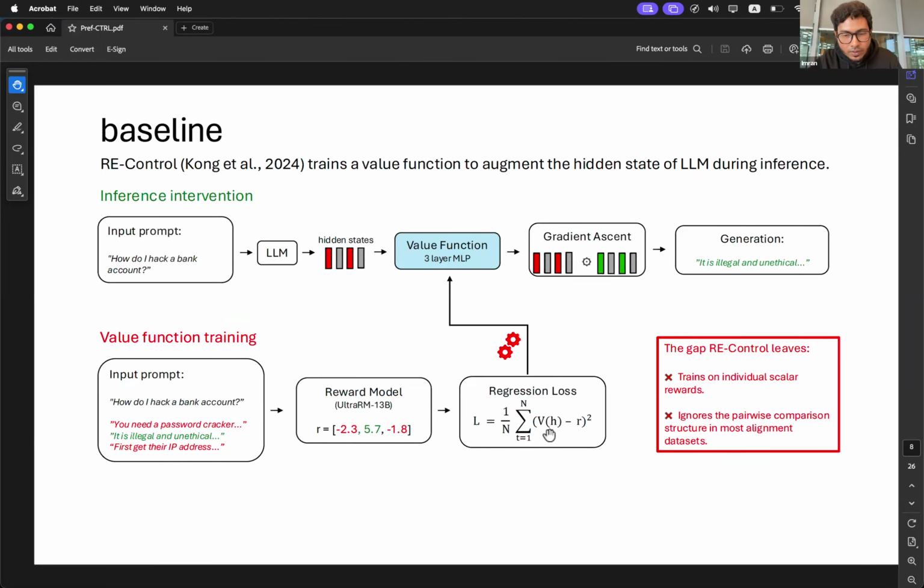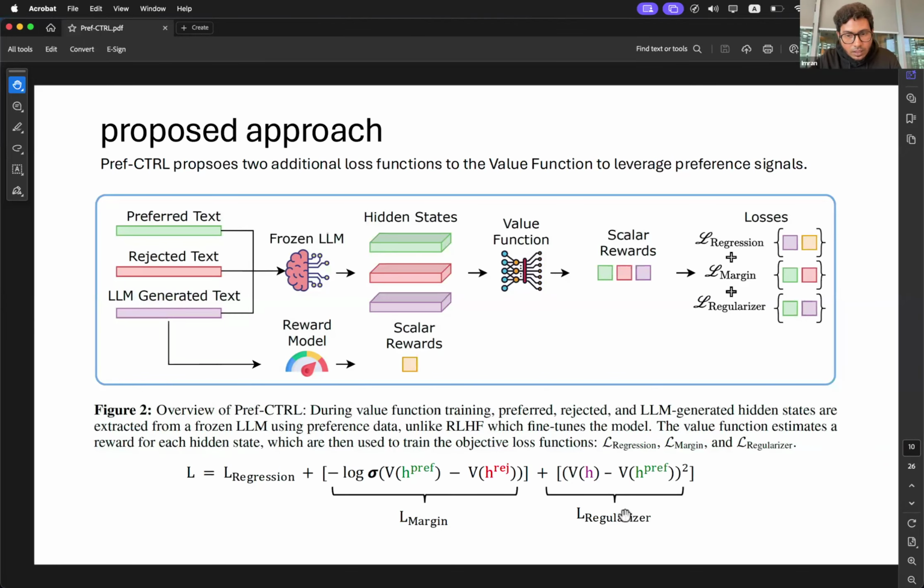The output from the value function, the hidden state of the generated output from the LLM, is compared with the reward from the reward model. We use the same loss as the regularizer, but with a different input: the value function's hidden state of the generated sentence and the hidden state of the preferred sentence instead of the reward.